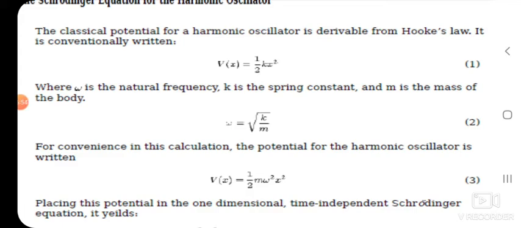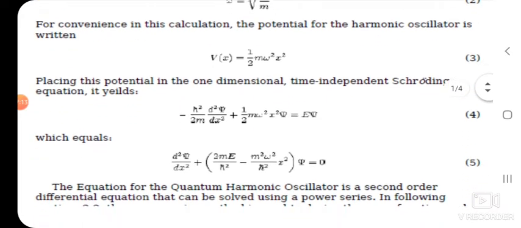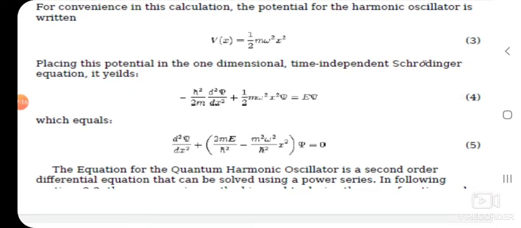Now, the time independent Schrodinger wave equation can be written as H psi is equal to E psi. H is the Hamiltonian operator, which is equal to minus h cross square by 2m dou square by dou x square plus V. If we substitute the value of V, which is equal to 1/2 m omega square x square, and simplify that equation, we get dou square psi by dou x square plus, in bracket, 2mE by h cross square minus m square omega square by h cross square x square, psi is equal to 0.